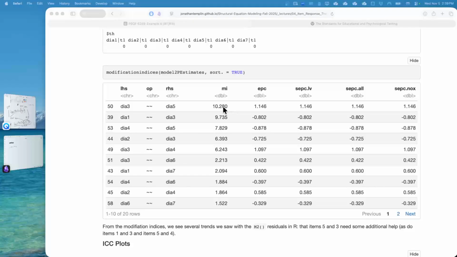The reason why DIAA3 and DIAA5 are correlated, there are three versions of it from basic stats: 3 causes 5, 5 causes 3, or something else causes both of them at the same time. Our measurement model is the something else causing both of them. So if we add a residual covariance, we're saying, no, actually, it's not just the measurement model causing these to be correlated. There's something else out there.